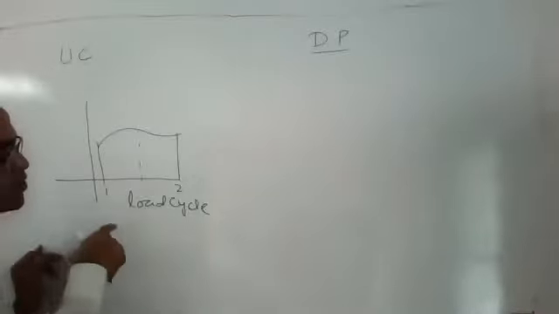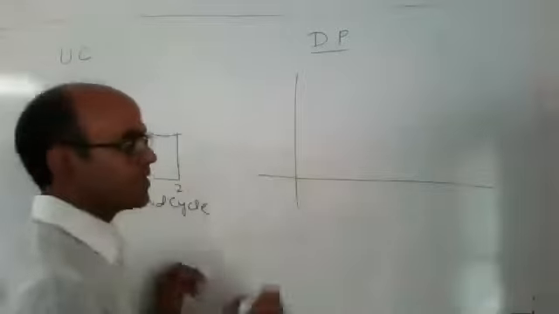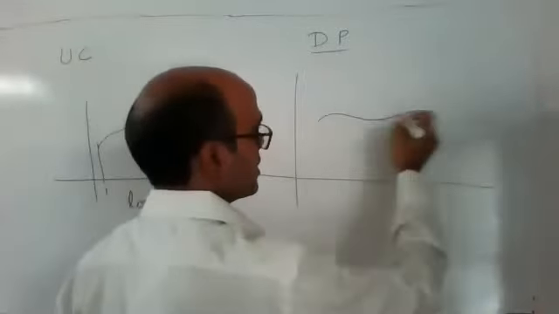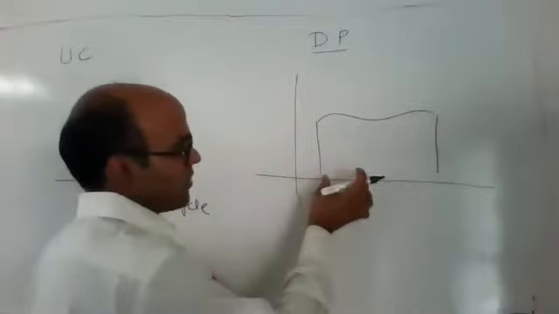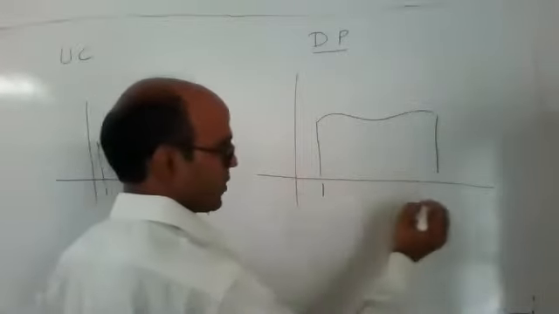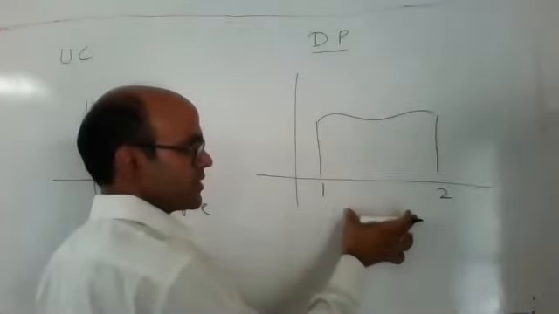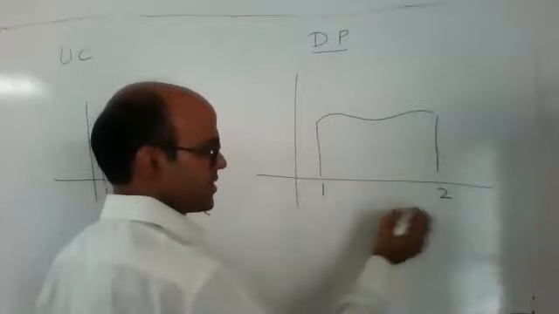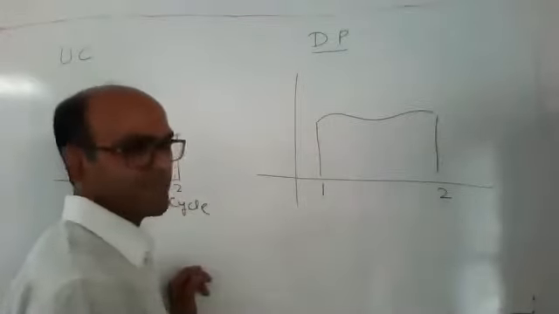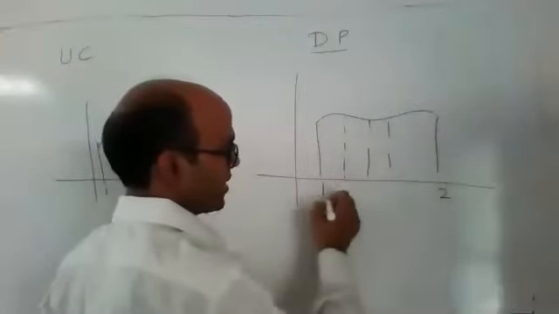To overcome this issue, we have to use dynamic programming, which uses a number of discrete time steps. Suppose 1 and 2. I will divide this 1 to 2 in 10 steps. Then it will take 10 steps, 1, 2, 3.